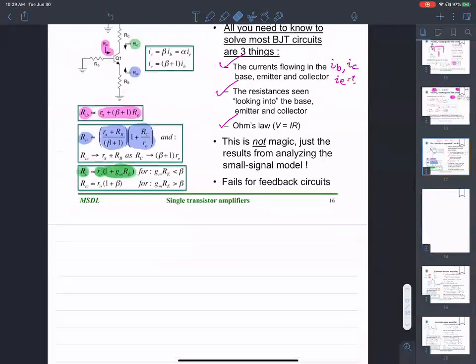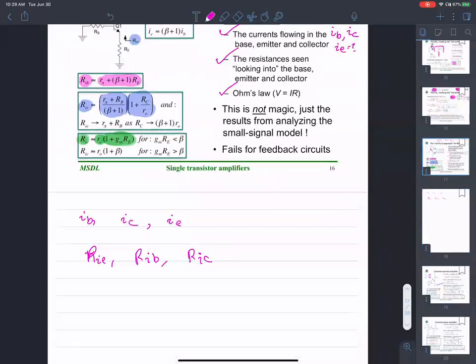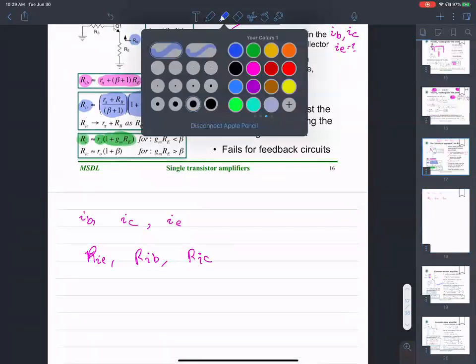Okay. Now, if you have the values for IB, IC, and IE, and if you have the resistances RIE, RIB, RIC, then in order to find out the gain, it doesn't matter where you apply the input and output.